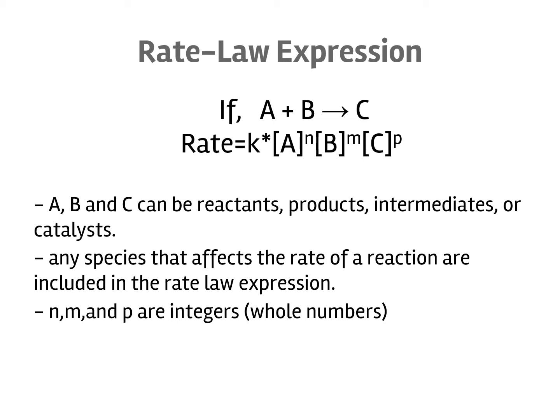And then the n, m, and p are integers. They are not stoichiometric numbers as you would usually see in equilibrium expressions, but these values have to be experimentally determined, and we are going to talk about specifically how to experimentally determine these numbers.